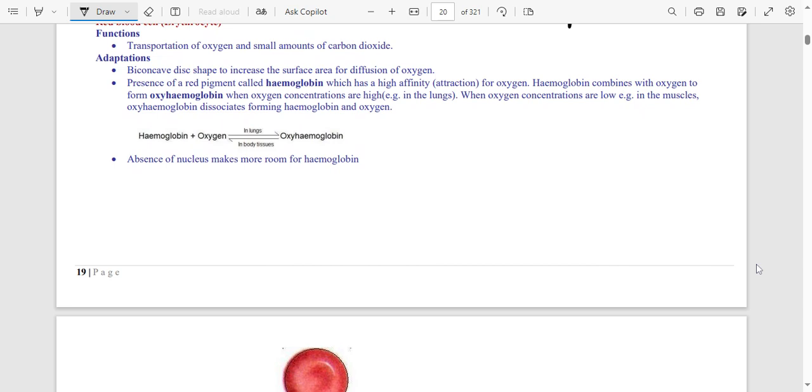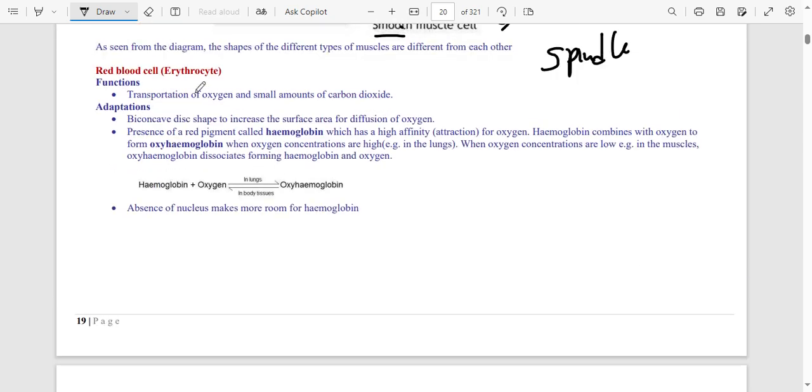Other type of specialized cells are the red blood cells. Red blood cells are also known as erythrocytes. Now, red blood cells are involved in the transportation of oxygen. They transport oxygen and they also transport a little carbon dioxide.